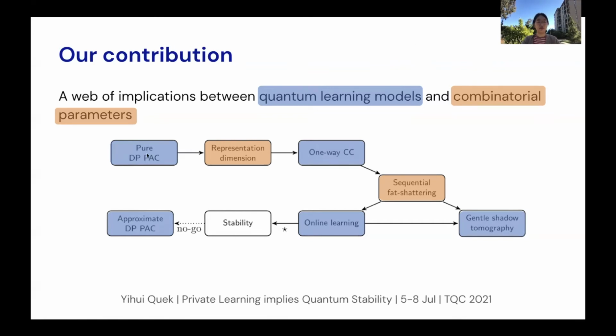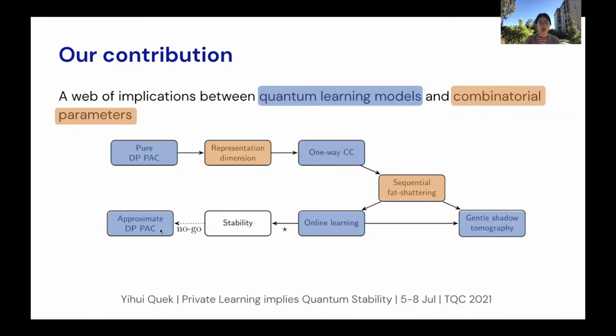So it starts off with pure differential privacy, which is when delta is equal to 0. So that's the strictest form of differential privacy. It goes all the way to online learning. And then it's supposed to end at approximate differential privacy, which is when delta is greater than 0. Unfortunately, it actually doesn't go all the way to approximate differential privacy, and this is something I'm going to elaborate on later.